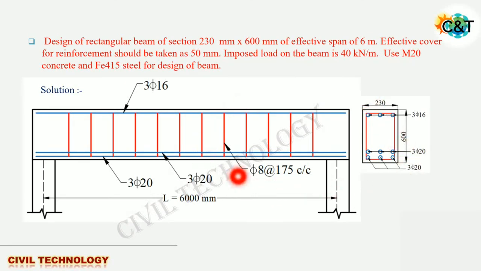Okay, so this is the detailing portion of our beam. Like this way we can design the doubly reinforced beam section, and that value we can use for our site and structure.